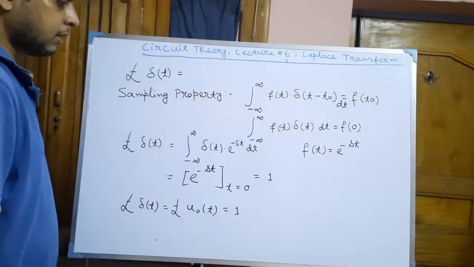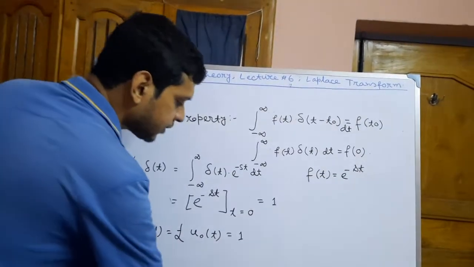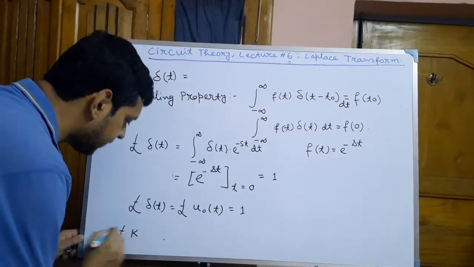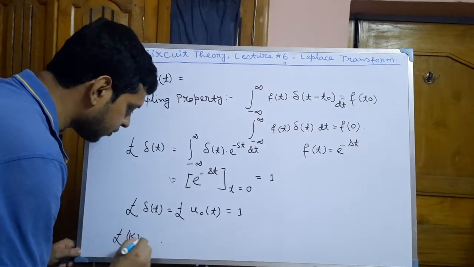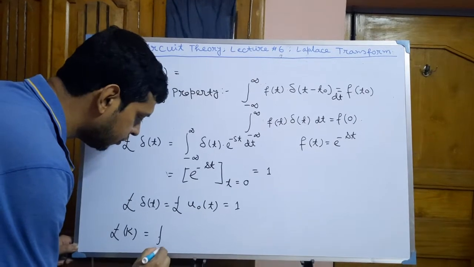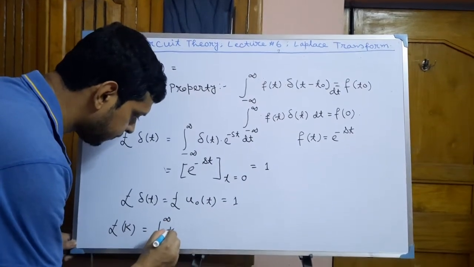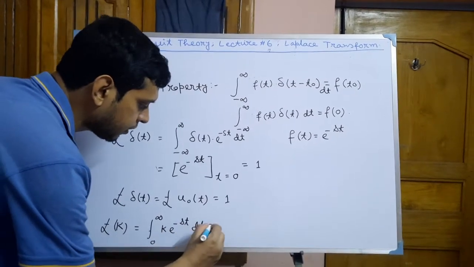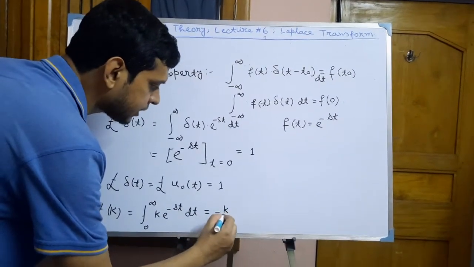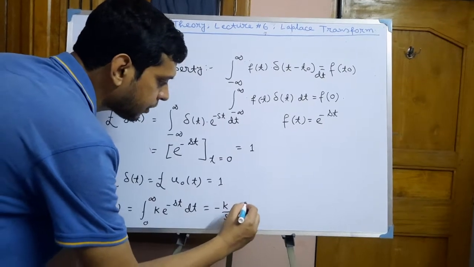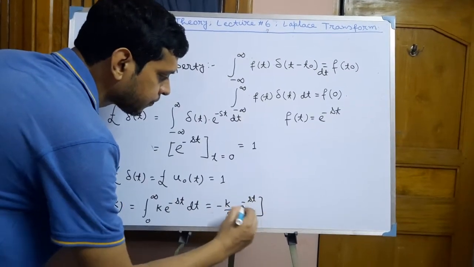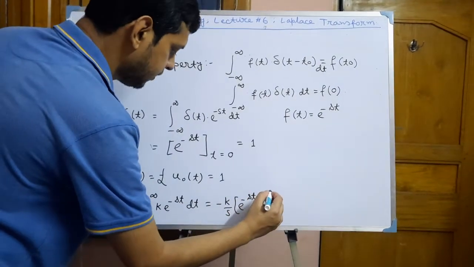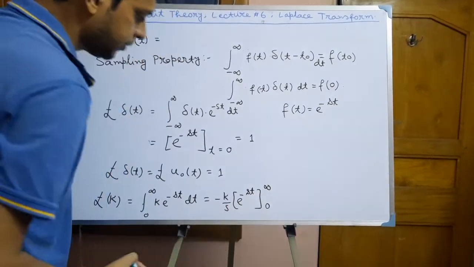Now, let us determine the Laplace transform of a constant k. The Laplace transform of a constant equals the integral from 0 to infinity of k e to the power minus st dt. This is what? Minus k by s e to the power minus st. The upper limit of this function is infinity and the lower limit is 0.